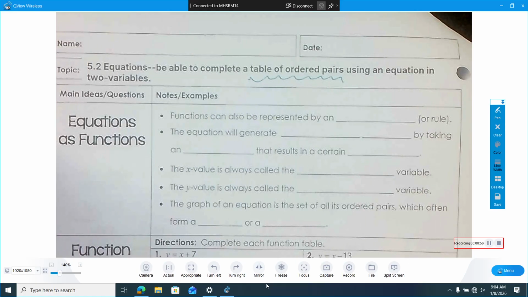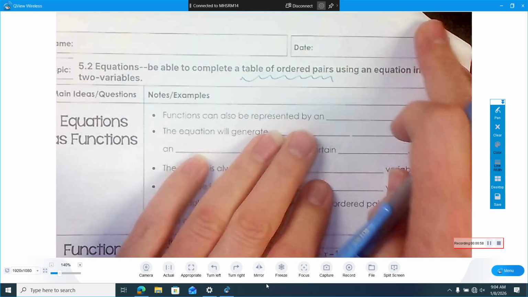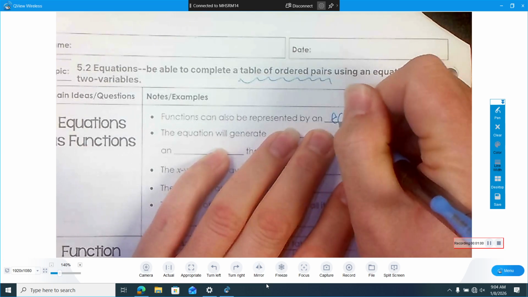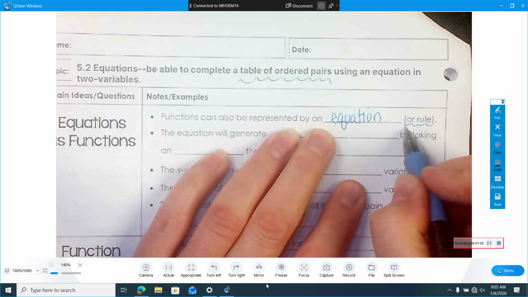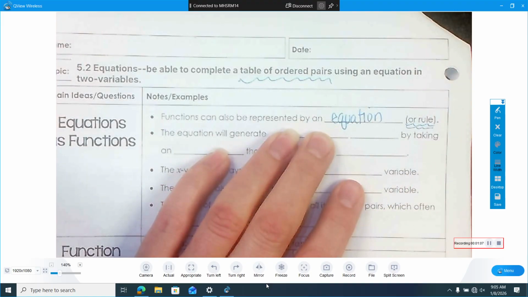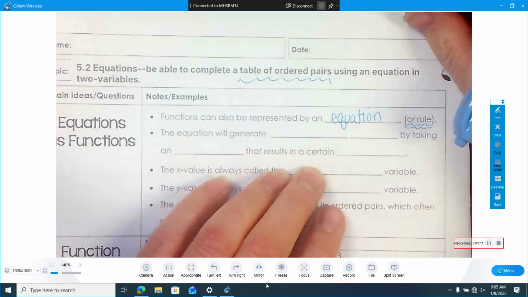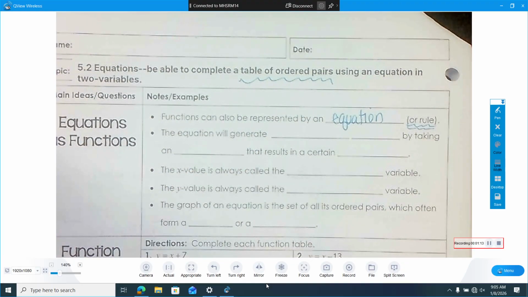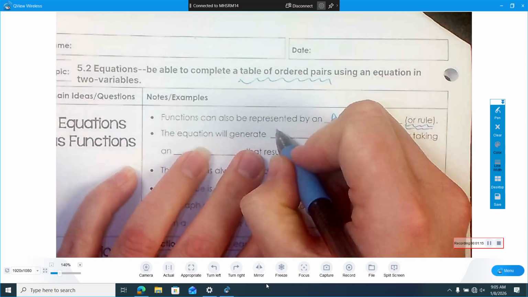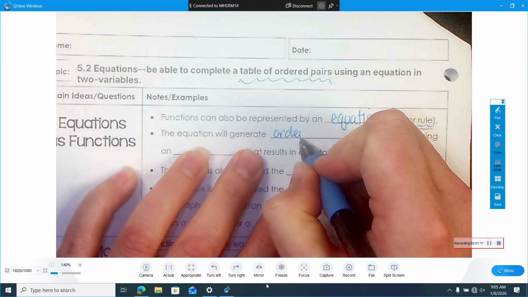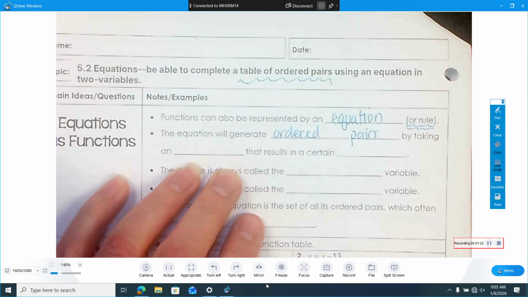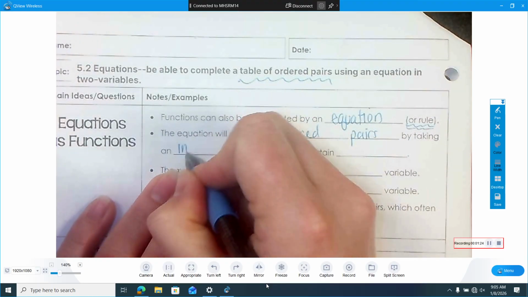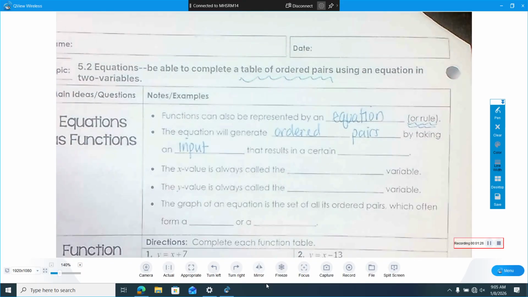So equations as functions. Functions can be represented by an equation or rule. So a lot of teachers like to use the word, this is the rule. The equation will generate ordered pairs by taking an input value, something we're going to plug in.